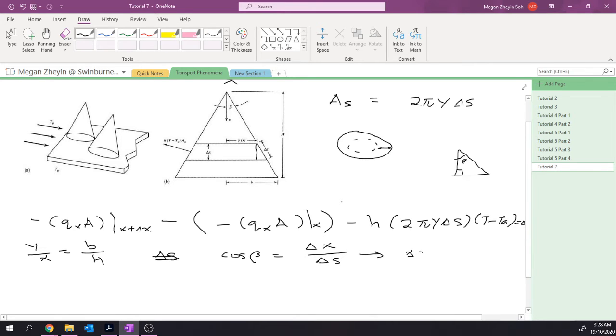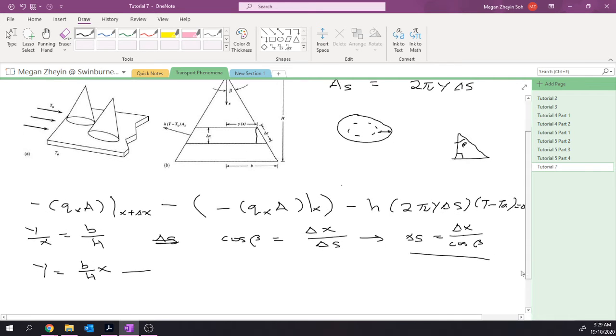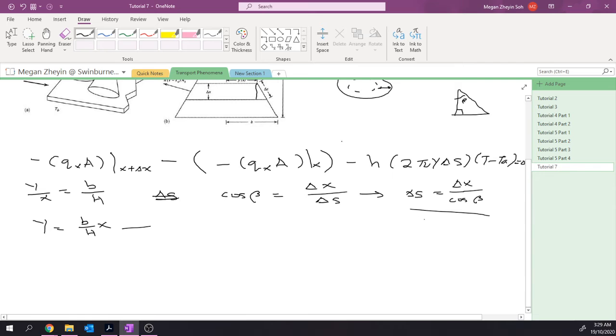Therefore, delta S is delta x over cos beta. So from here we know that y is b over h multiplied by x. So we substitute this and this into this equation to substitute y and delta s.